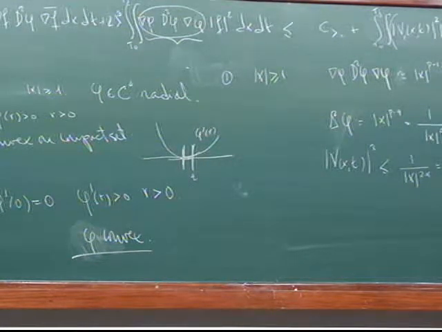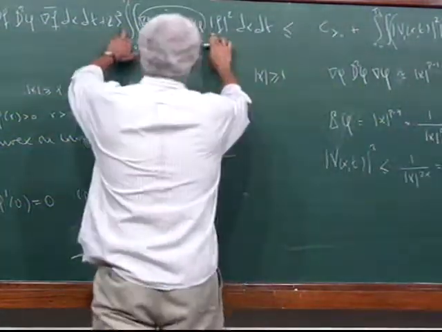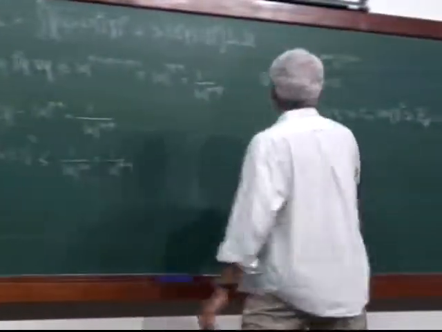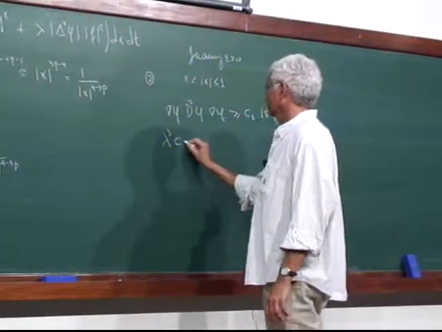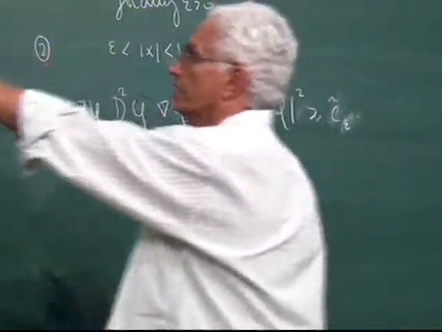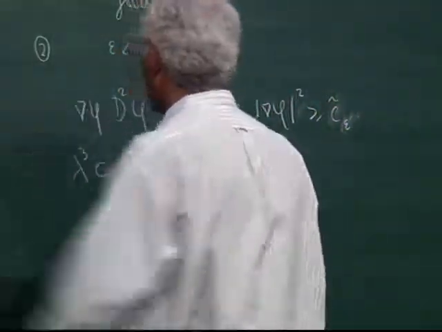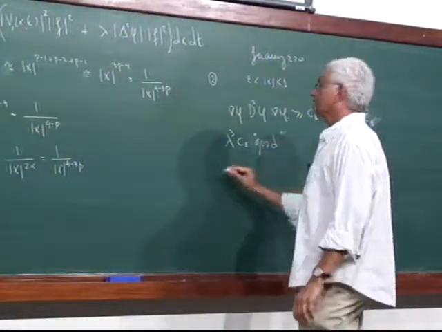Okay. Then, what are you going to do? You're going to say, okay, this gives me a lower bound. Then the good part is this. And the bad part is what? It is the L infinity norm of this multiplied by lambda. And the bad is this.